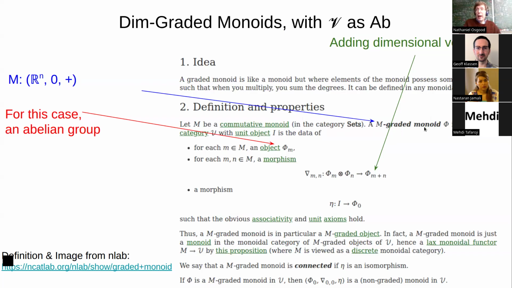Well, okay, so what's an M-graded monoid in a monoidal category V? Well, look, the category V is the category of abelian groups, so each object is an abelian group, okay?